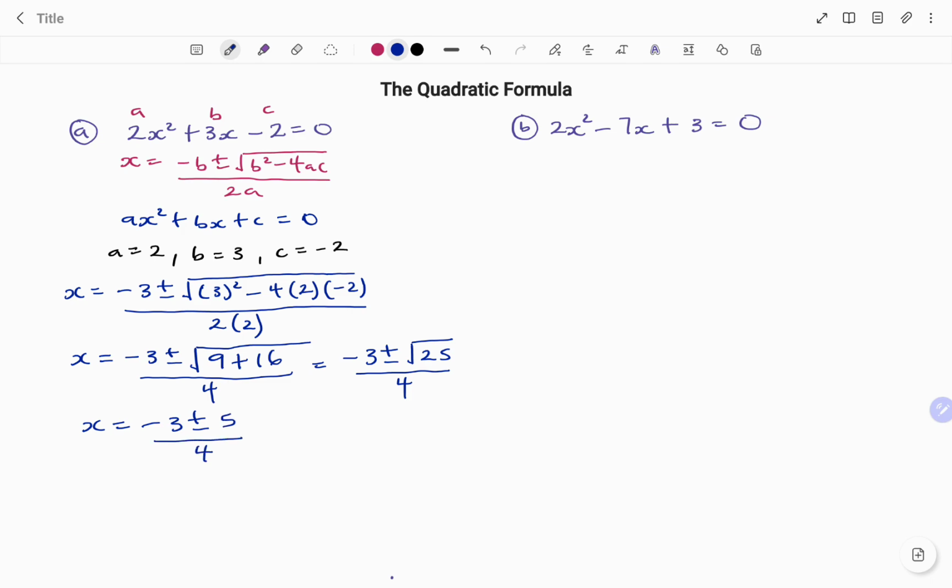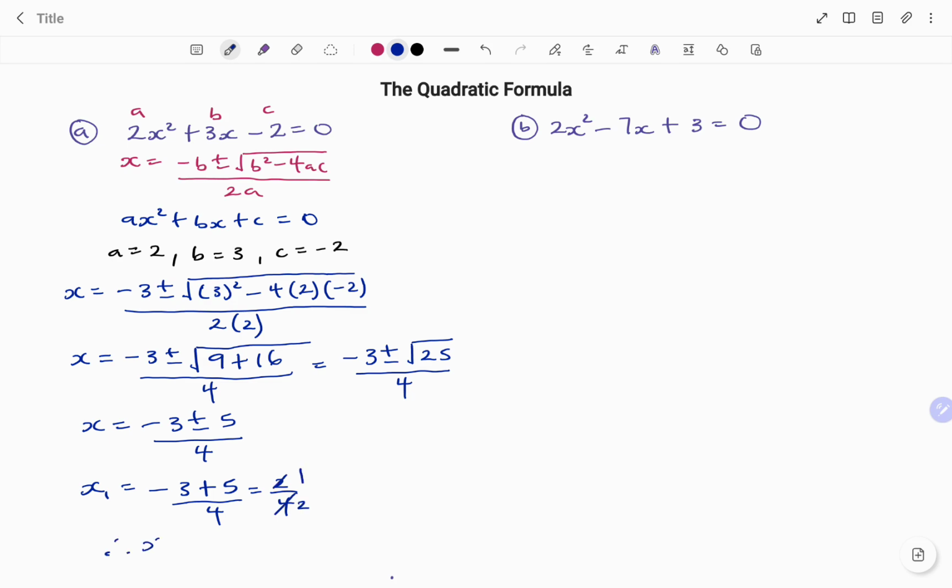Because I have a plus or minus, I'm going to split up my values of x. So my x1 is going to be minus 3, starting with a plus 5 over 4. That will give me positive 2 over 4. I'm going to simplify.